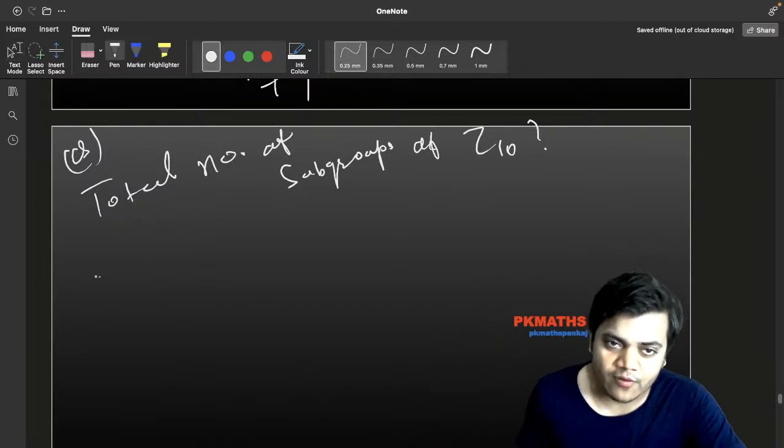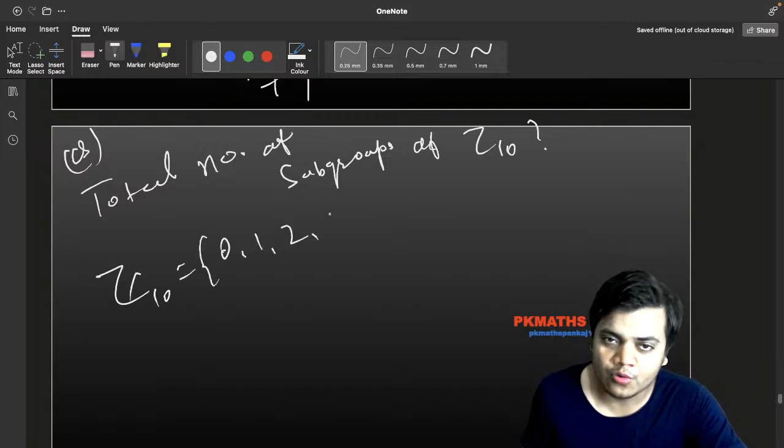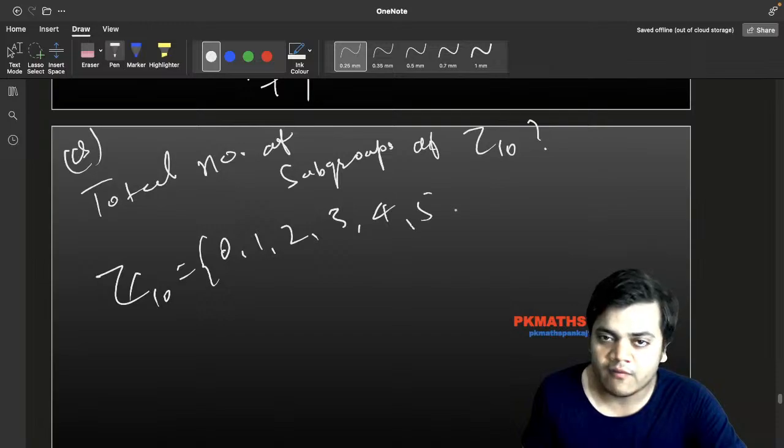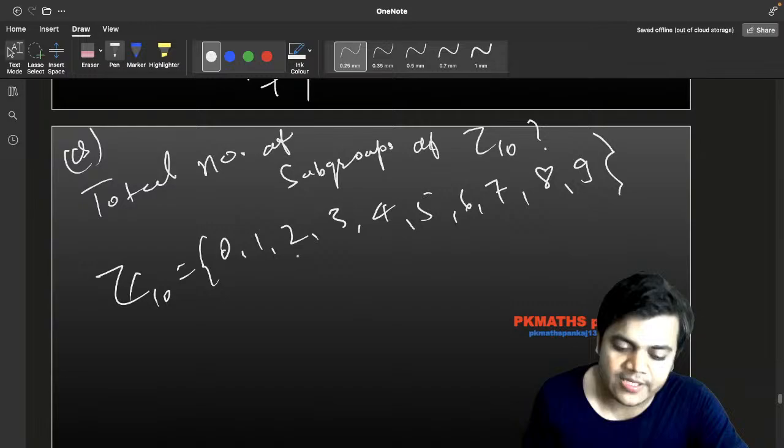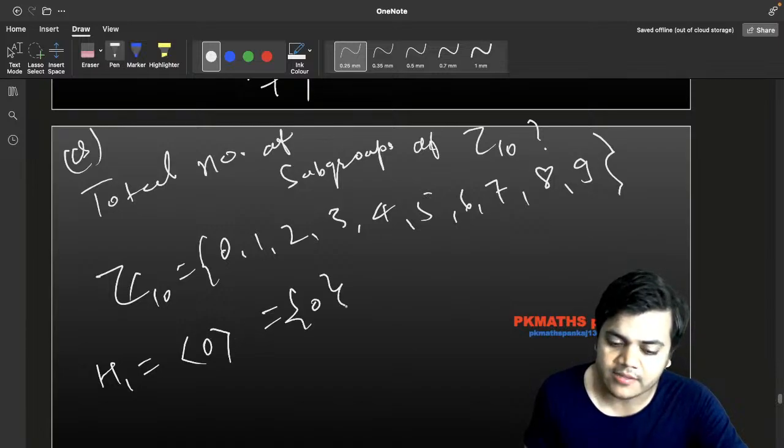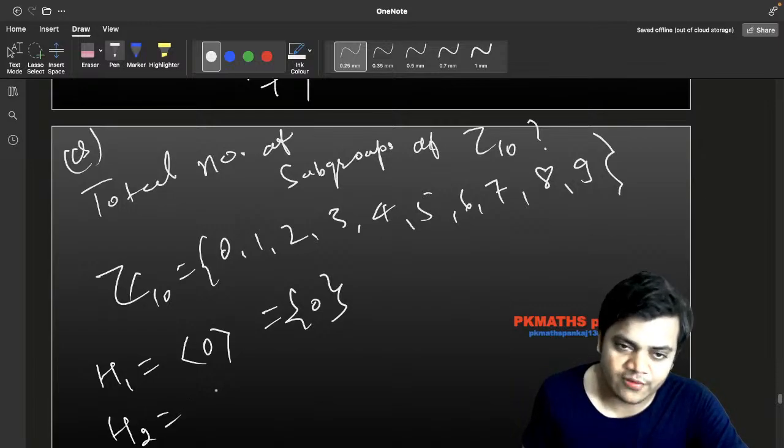So first of all, what is Z10? Z10 is 0, 1, 2, 3, 4, 5, 6, 7, 8, 9. The obvious first subgroup is the one generated by 0, the trivial group. What about H2? We can generate H2 with the help of 1.